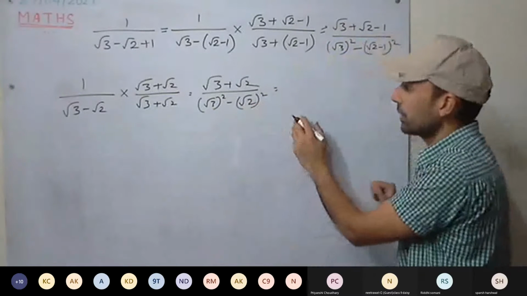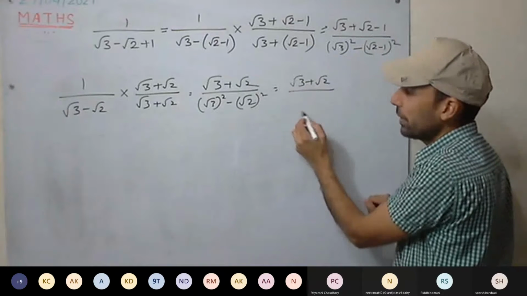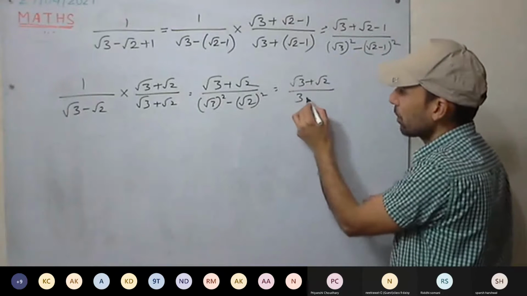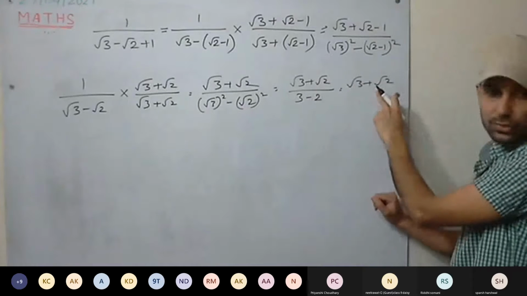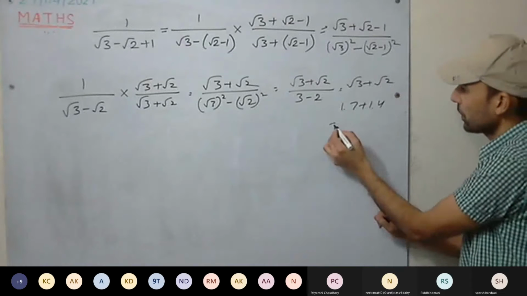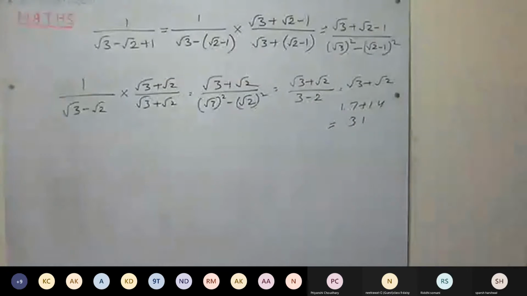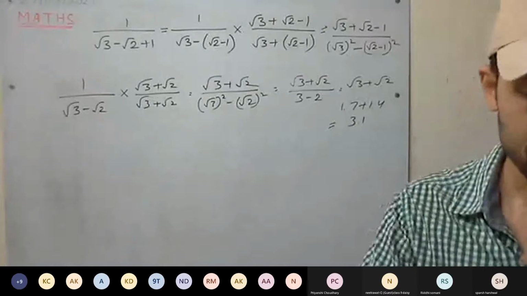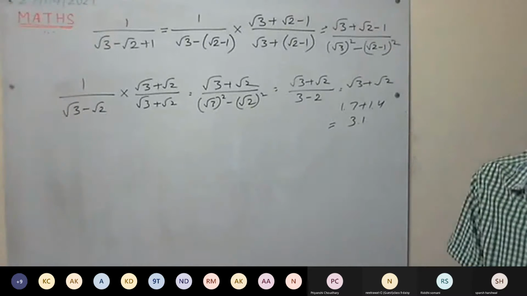How much are we getting? Root 3 plus root 2 divided by 3 minus 2, that is root 3 plus root 2. And you get the answer 1.7 plus 1.4. So it will be how much? 3.1. We have to correct up to one decimal place, and it is already up to one decimal place.